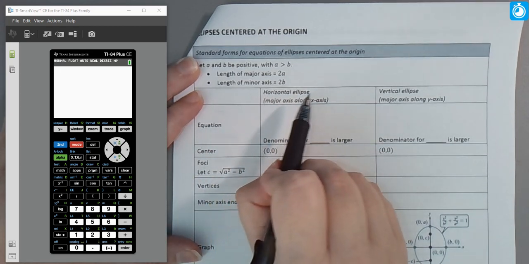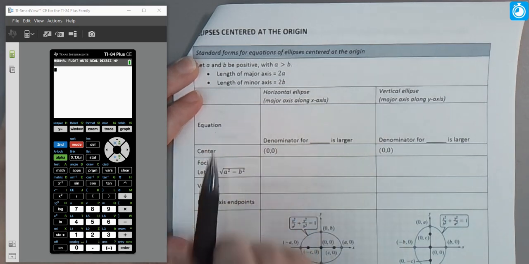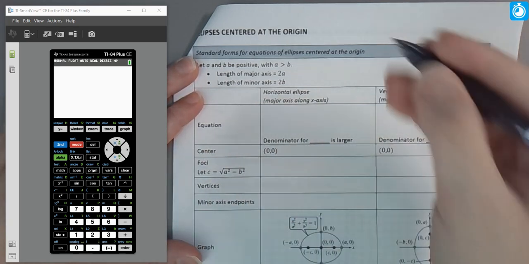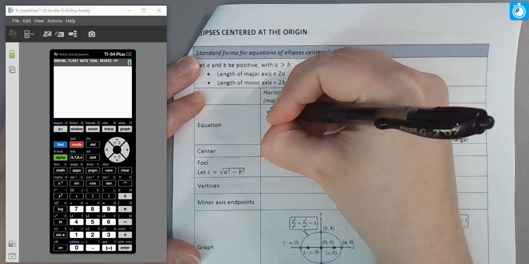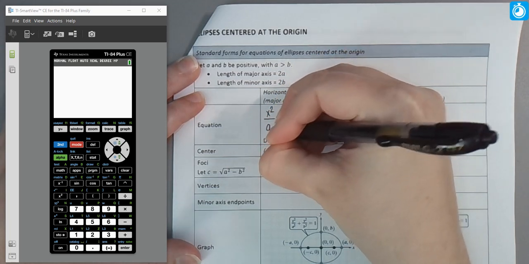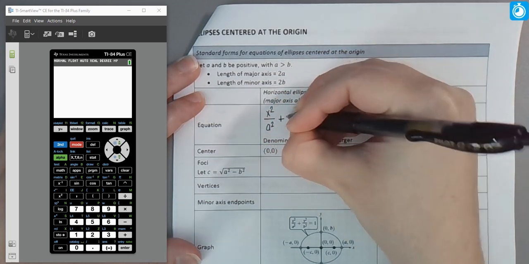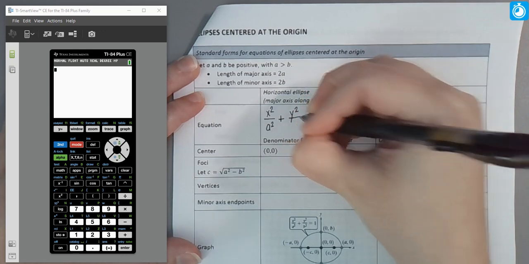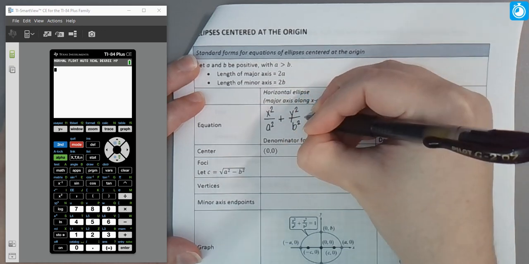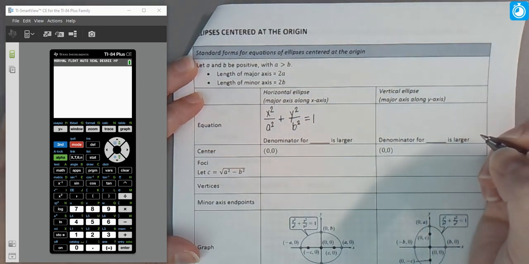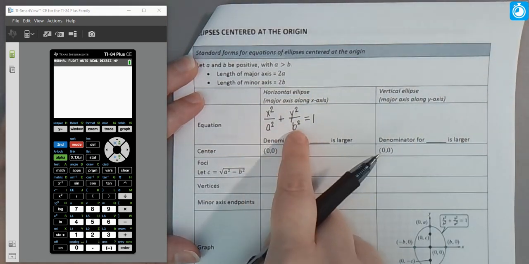So if we have a horizontal ellipse, our equation is going to be of the following form. It's going to be of the form x squared over a squared plus y squared over b squared is equal to 1. Okay, so what's going on with the a and b here?